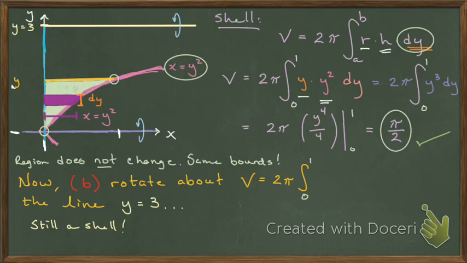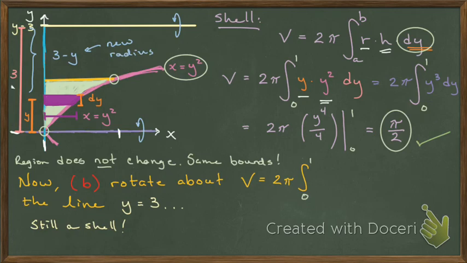But the radius definitely does. When I figure out my radius, I want to know how far from the axis of rotation my slice is. The height from the x-axis up to y equals 3 is 3 units. The height up to my slice before was y units. I need the remainder of that, which should be 3 minus y.